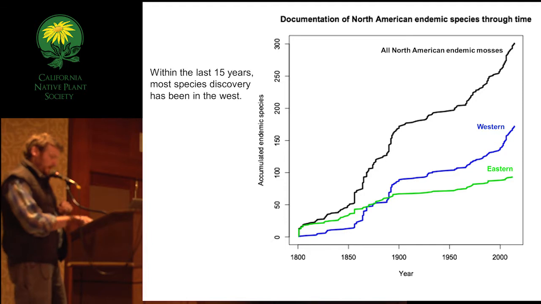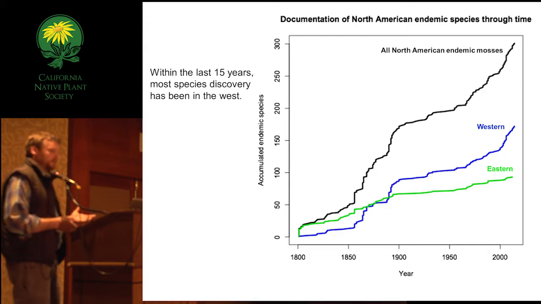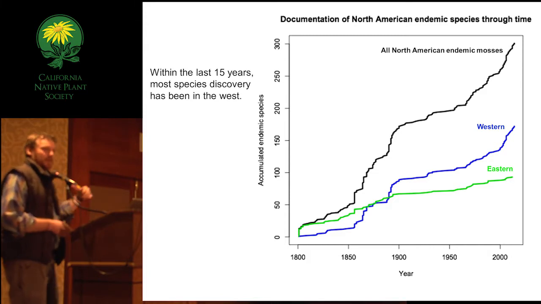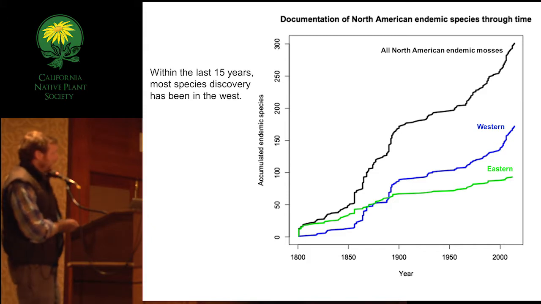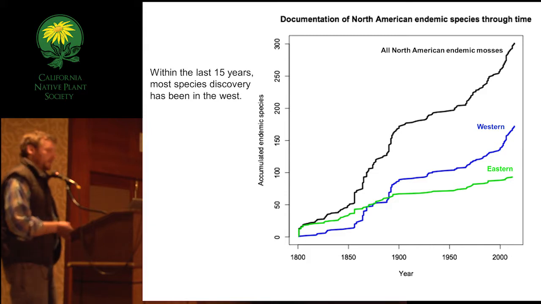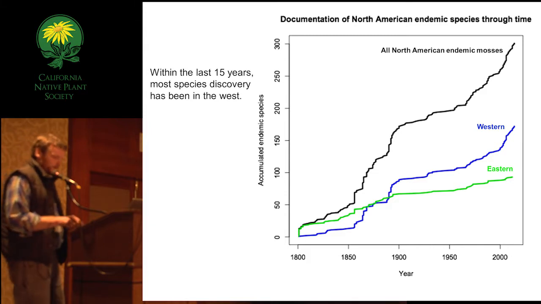But in Western North America, between 1850 and 1900, there's this really steep part, which obviously coincides with the railroad surveys and the big exploration of Western North America. And what's really cool is right at the end, all of this shooting up is largely from Western North America.